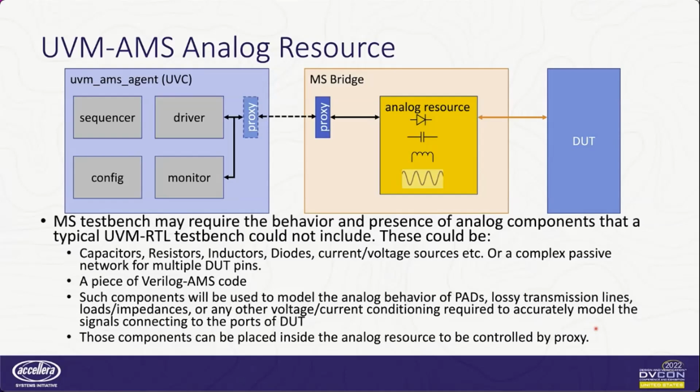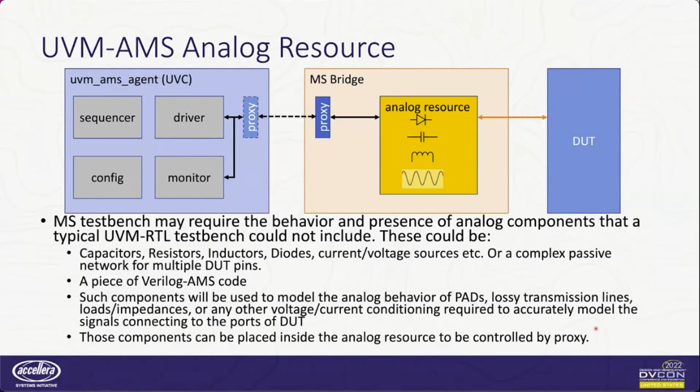And that's why you need to have all the signals from the UVC to the DUT being driven from the analog resource. This is so that you can change the analog resource from a SystemVerilog model to a Verilog-AMS depending on whether the signals on the DUT are electrical or logic or a real number net type.